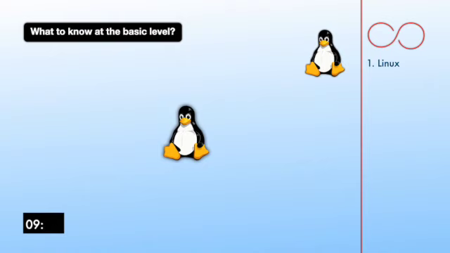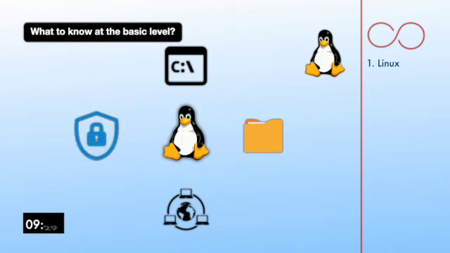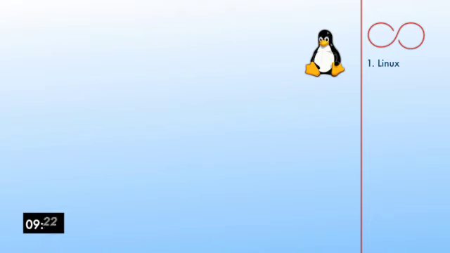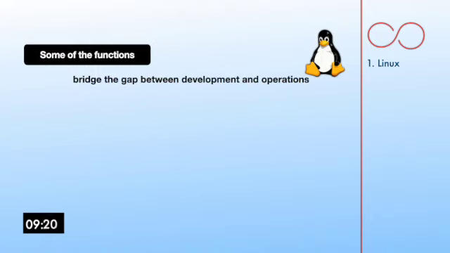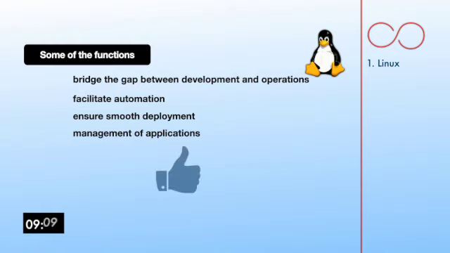At the basic level, having a working knowledge of Linux commands, file system, networking, and security concepts will greatly enhance your effectiveness as part of the DevOps teams. It allows you to bridge the gap between development and operations, facilitates automation, and ensures smooth deployment and management of applications. So it is kind of a must-have here.